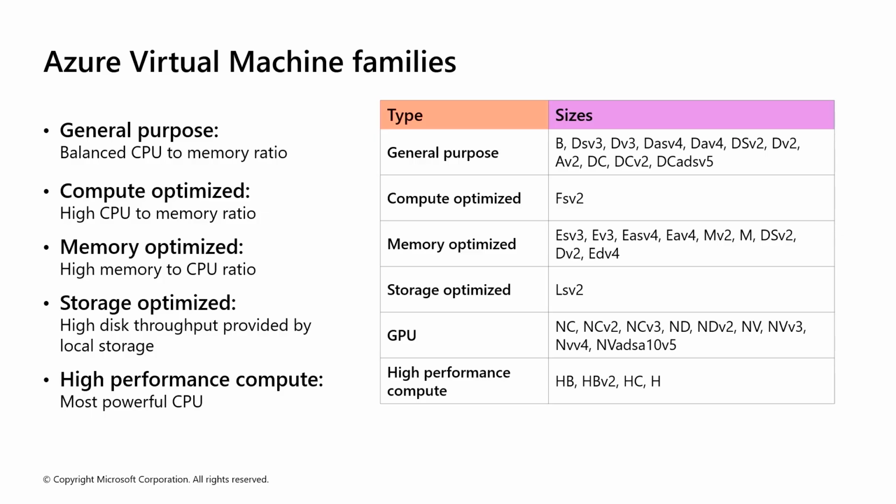Finally, high-performance compute VMs support applications that scale across thousands of cores and require low-latency communication, thanks to RDMA networking. Each VM series is fully detailed in our Azure portal, helping you choose the best fit for your SQL Server workload.